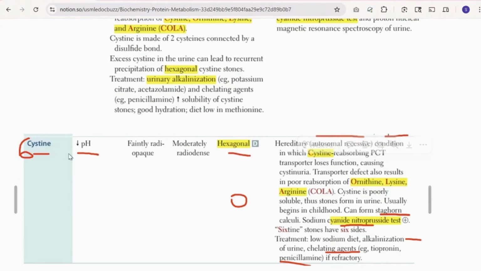So if you have acidic pH, that's when these guys crystallize. So what is the treatment going to entail? Alkalization of the urine. Important. Okay. You make the renal stones in acidic urine, but in order to dissolve them, you have to alkalinize. Okay. Potassium citrate, acetazolamide, etc.